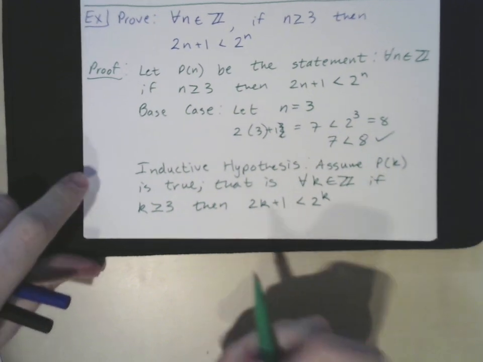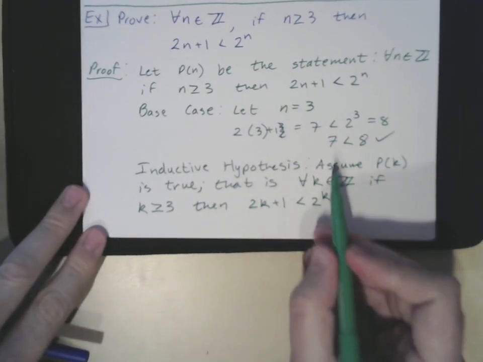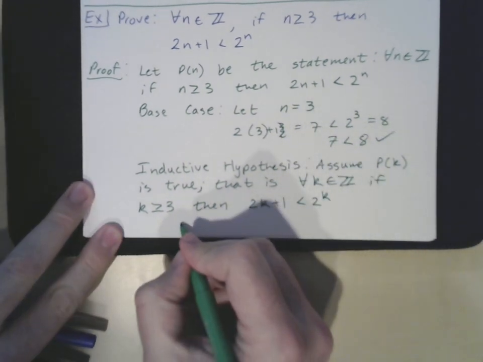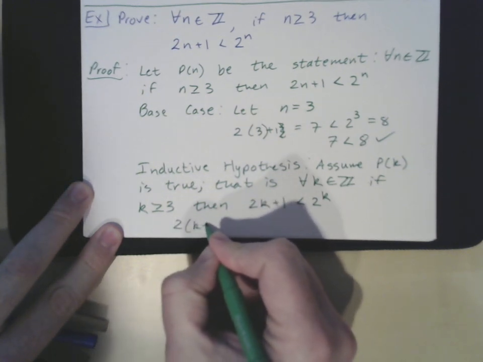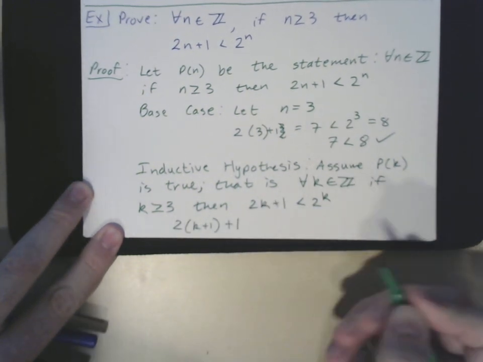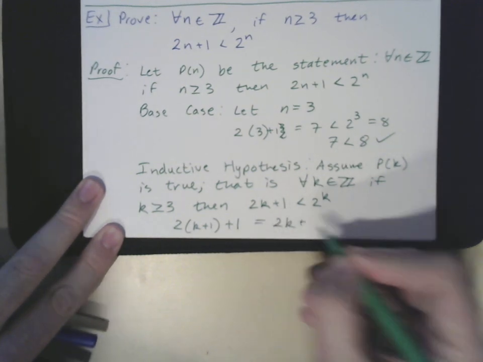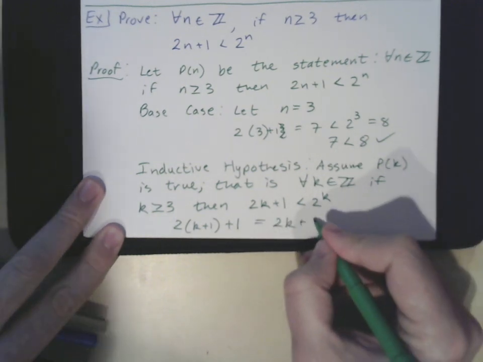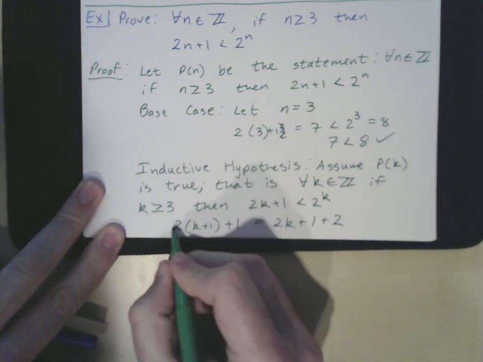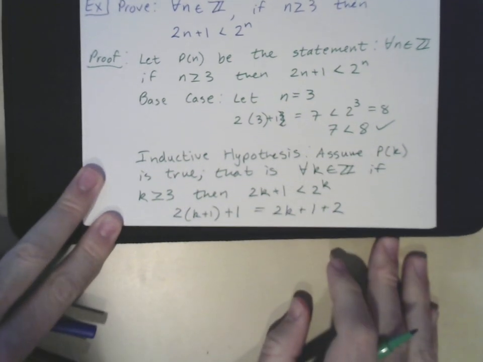So we're going to look at what happens when we swap in k plus 1 now. So we have 2 times k plus 1, and this equals 2k plus 1 plus 2. So 2 times 1 is 2, and I'm just rewriting the order.